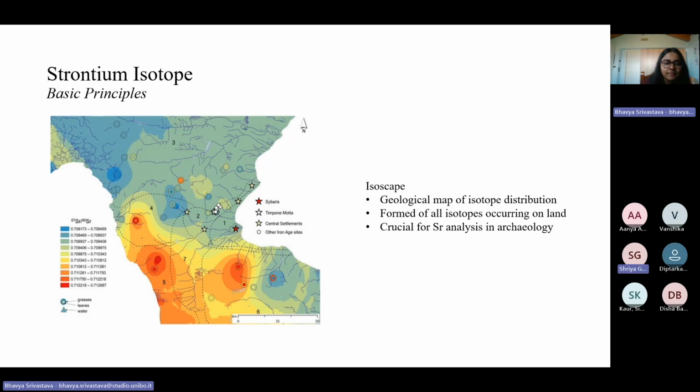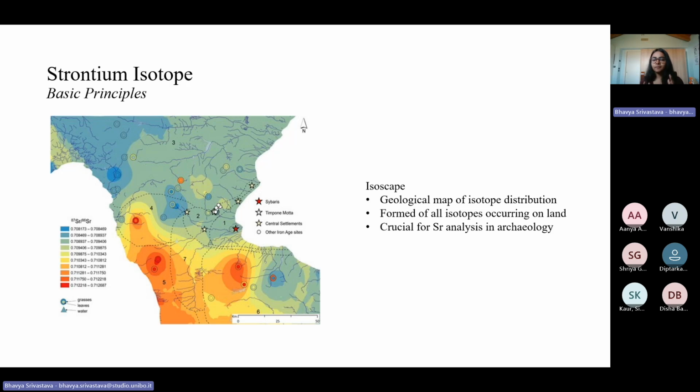You can see that there are different levels of strontium 87 and strontium 86 that have been marked, which can tell us that the geology here is fairly older, while this one is fairly more recent. An isoscape is usually made for understanding isotope distributions and the age of rocks, and it is crucial for any sort of analysis of isotopes found on Earth.